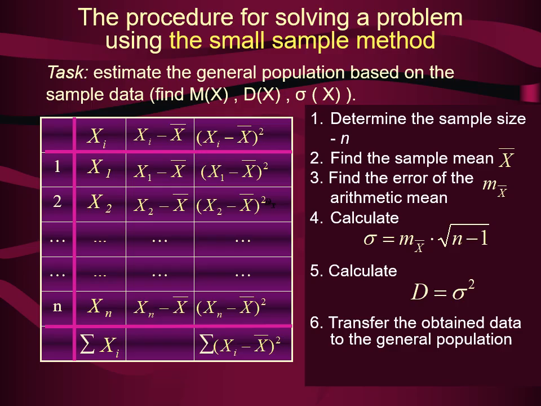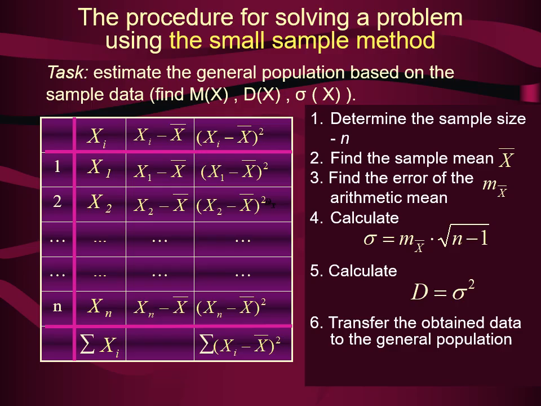So, first of all, when you get the task to solve the problem by the small sample method, the first thing you need to do is determine the sample size. That is, calculate simply how many different sample values are represented in your version. Someone who is lucky will have 15, someone unlucky will have 30 values.